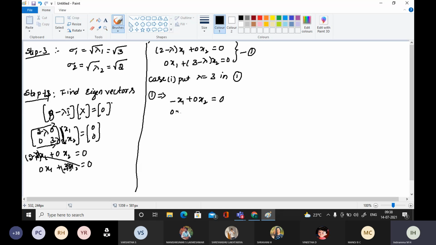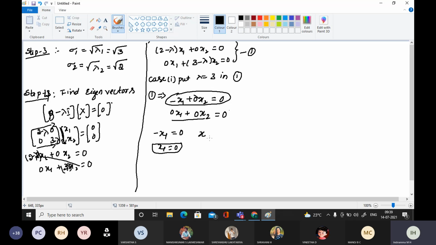Next 0 x1 plus, if you put lambda equal to 3, 3 minus 3 is 0, so 0 x2 is equal to 0. From the first equation, minus x1 equal to 0, that means x1 equal to 0. So I cannot find x2. The second equation does not exist.